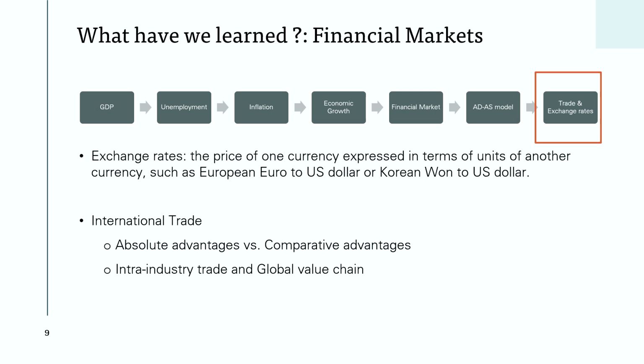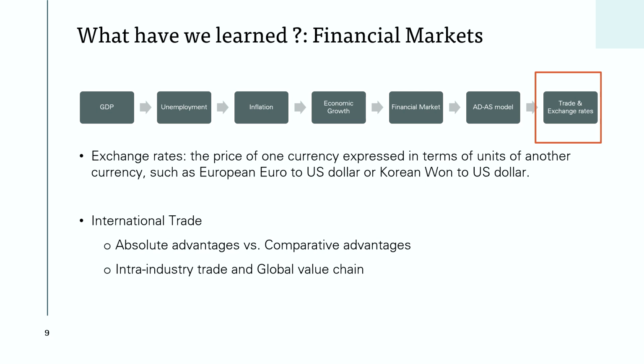In the last week, we focused on the global economy. We studied exchange rates, the price of one currency in terms of another, and how currency appreciation and depreciation affect imports and exports and investment flows.